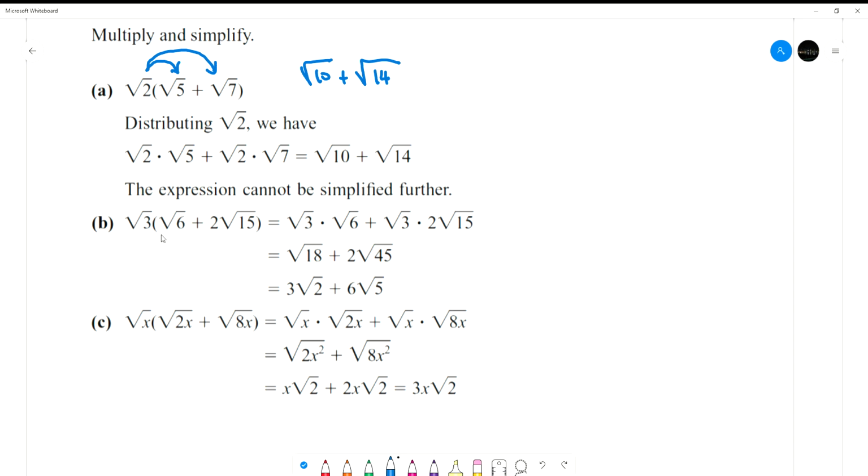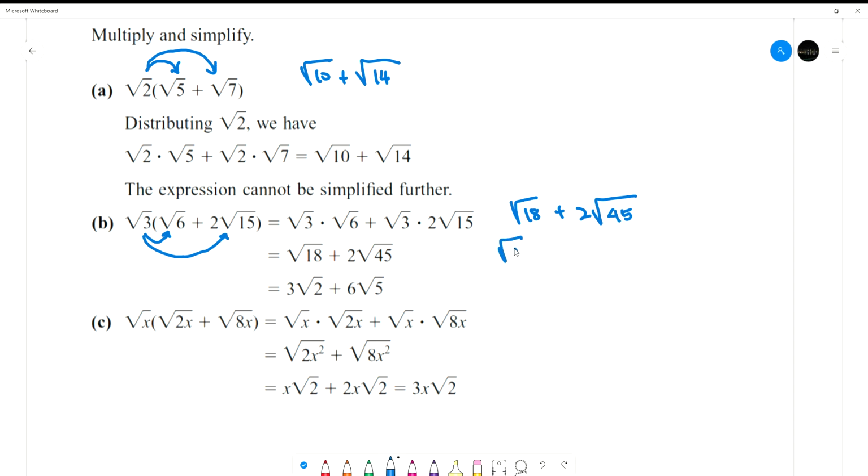But the second problem, I see that we have some simplifying we need to do. So the book way is to do radical 3 times 6 is 18, right? And radical 18 plus 2 radical 3 times 15, that's my 45. So we have to simplify these radicals.